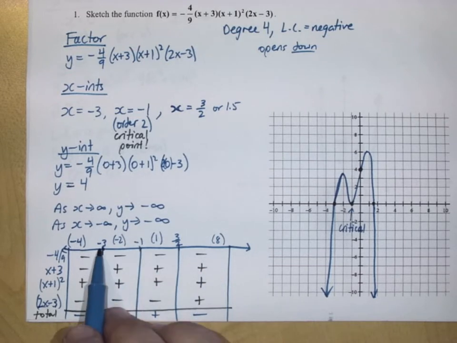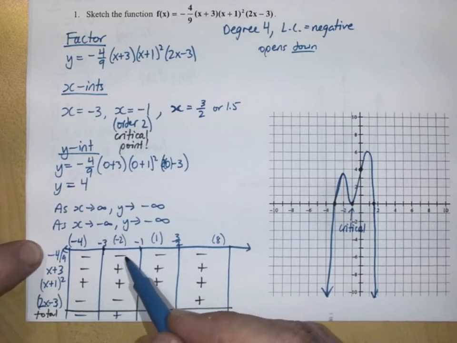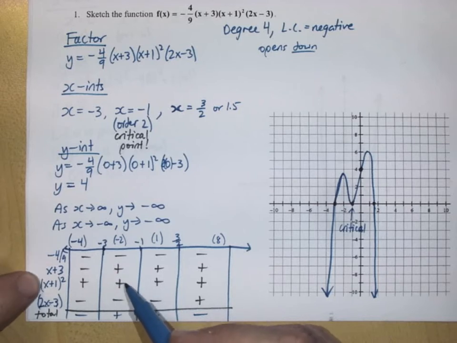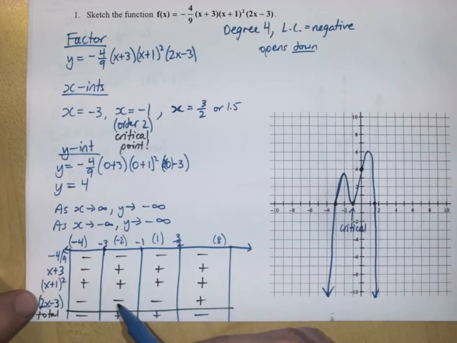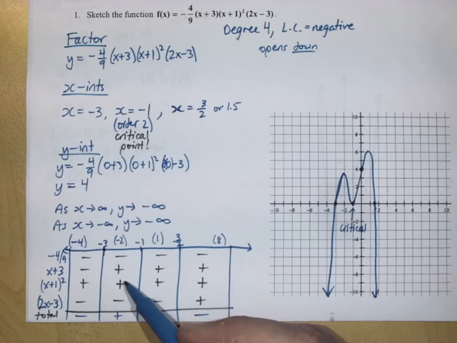I'm going to pick a number between these two x-intercepts next. I'm going to pick -2. And I'll do this a little quicker. -4/9, negative. -2 plus 3 is positive. This we said was going to be positive. And 2 times -2 minus 3 is definitely negative. When I multiply my signs together, I get a negative times a negative times a positive times a positive.